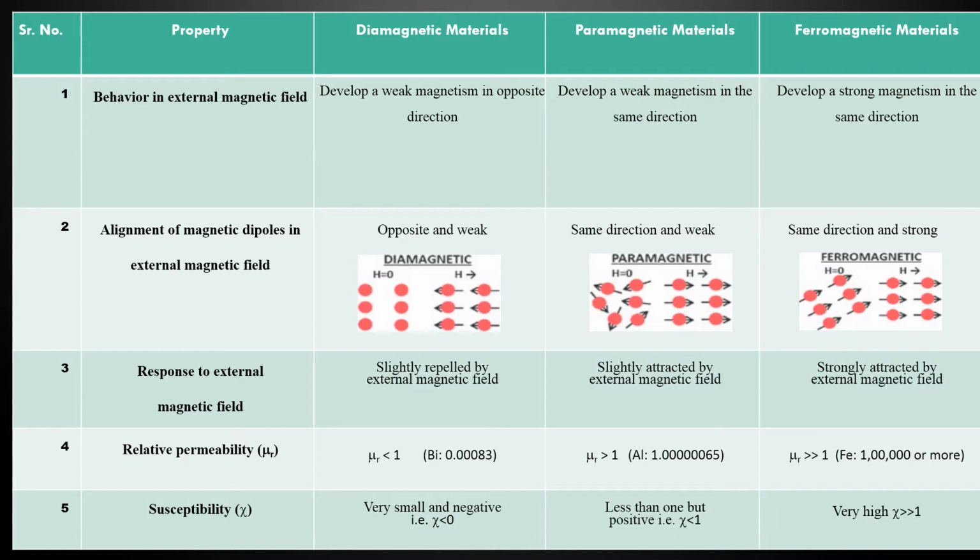While in paramagnetic material, it is less than 1 but positive, that means it is greater than 0 and less than 1, but it is a positive number. And in ferromagnetic material, this magnetic susceptibility is very high, much greater than 1.